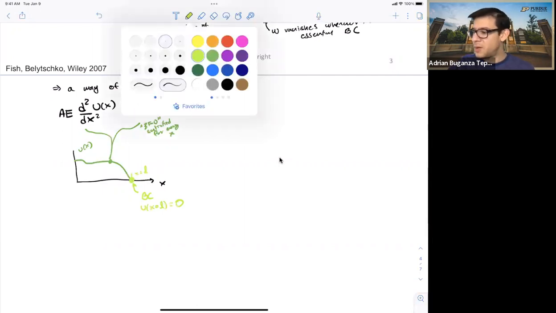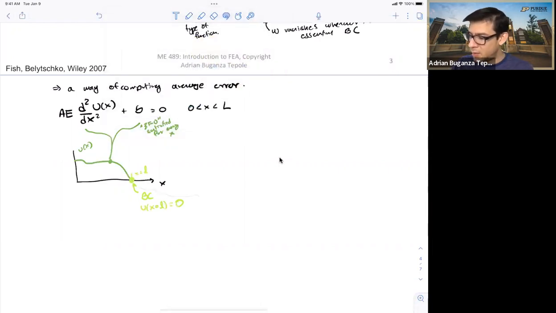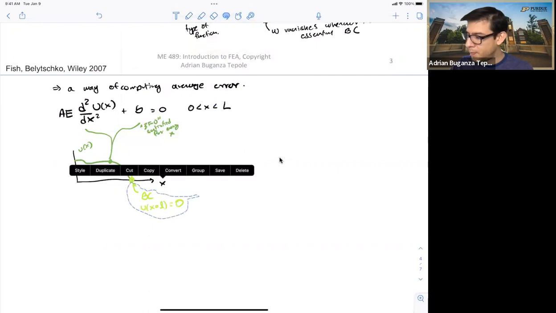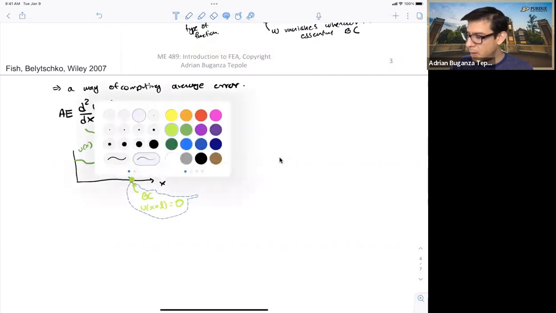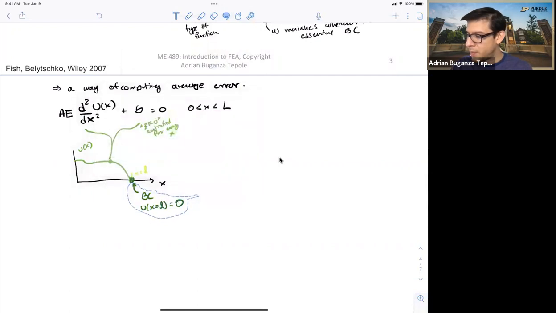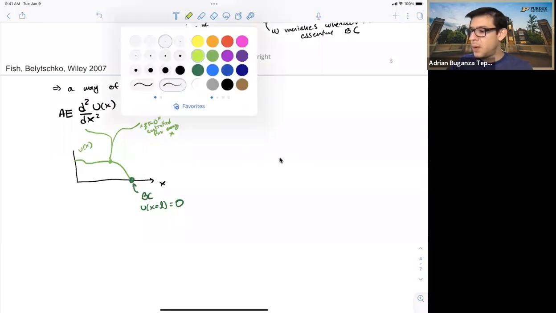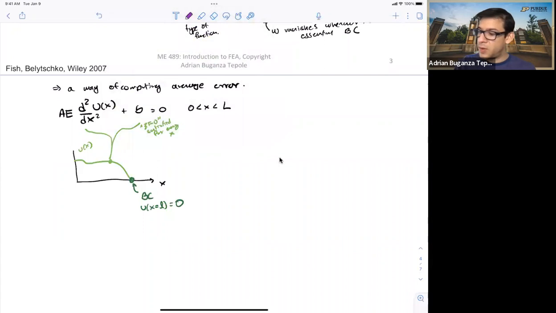And the other boundary condition is not related to the value of u, but to the value of the tangent, which is equivalent to knowing the force.